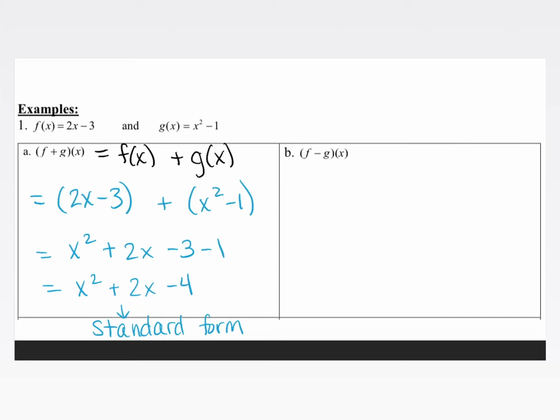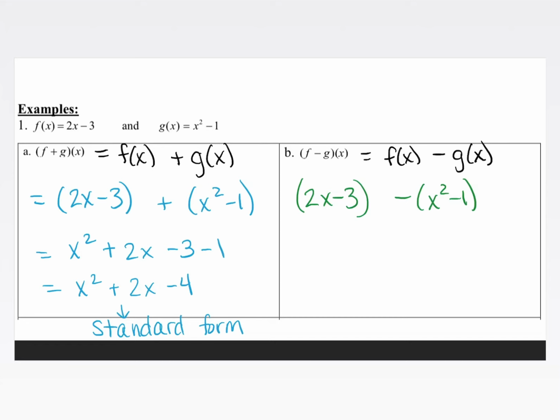When we have f minus g, this is the same thing as f of x minus g of x. So we're going to subtract our 2 functions here. This will give us 2x minus 3, and then subtract x squared minus 1.